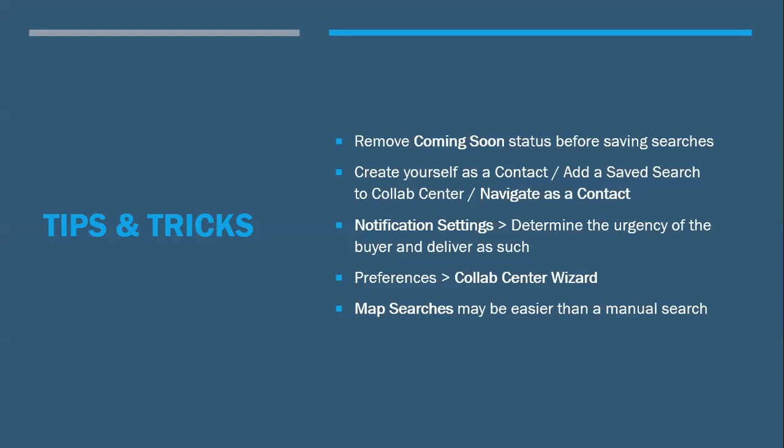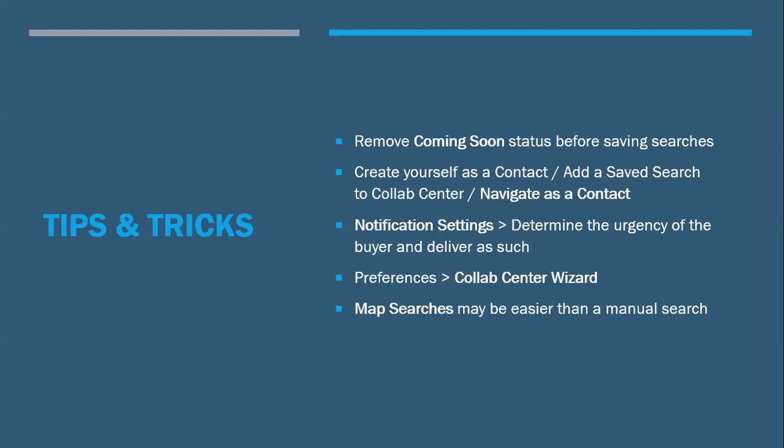So a couple things to remember that'll save you some pitfalls and wasting time and making sure you get the right information. First thing, remember, remove the coming soon status before saving any searches. Really important. Second line item, and that's homework, but I think it'll help you out tremendously: create yourself as a contact, add a saved search to Collab Center, and then navigate Collab Center as a contact.